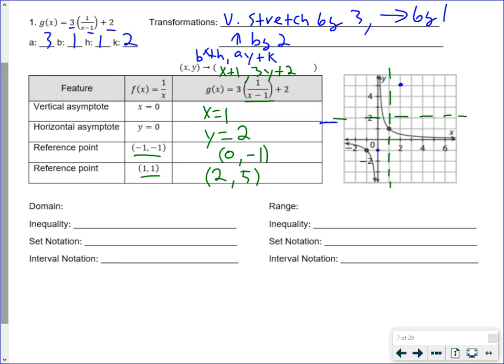So we know roughly what it should look like, so we can sketch it. Completely missed the point, but it will look roughly like that. And same thing here. I actually hit the point that time, and that's what this graph will look like, more or less.